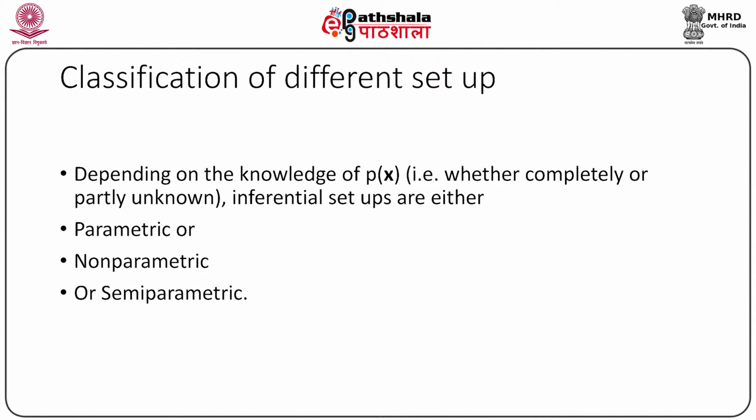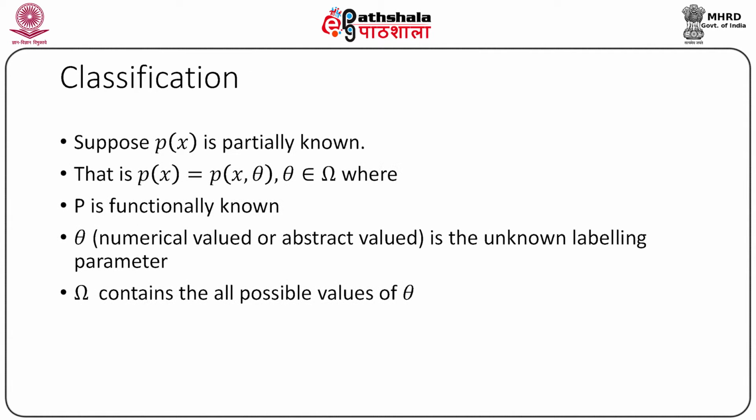So, the natural question is, how do we distinguish different inferential setups? We discuss one by one. First of all, assume that Px is partially known. Then we can write Px as Px theta, where theta is some unknown quantity.